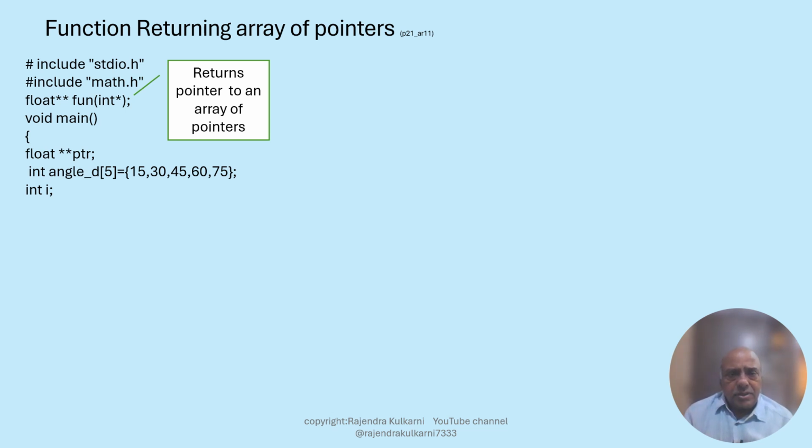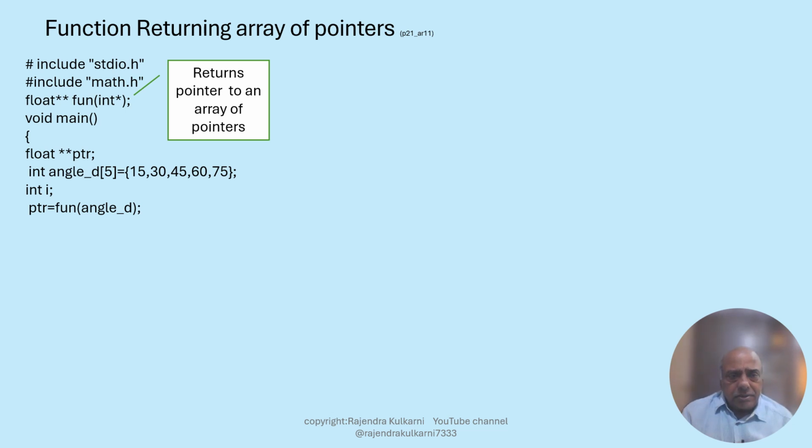Actually what we are doing is passing an array of angles expressed in degrees, and the function will be returning us the sine, cosine and tan of these 5 angles, which will be available as a pointer to an array of pointers which we are collecting in ptr.